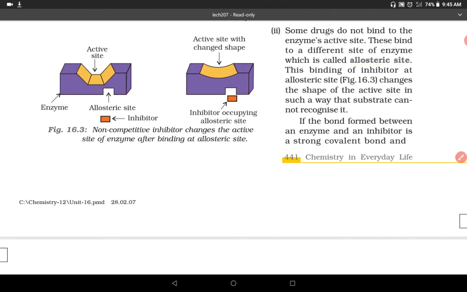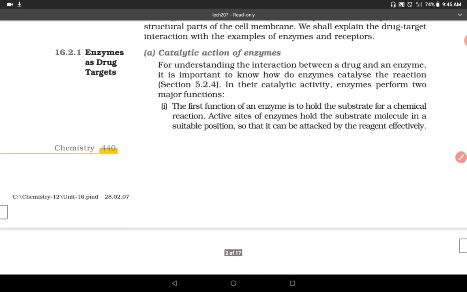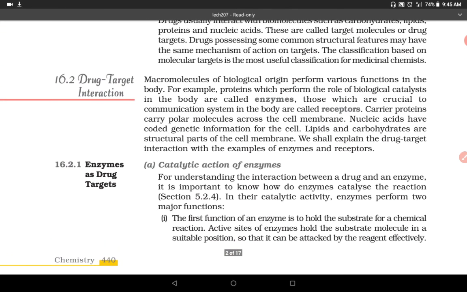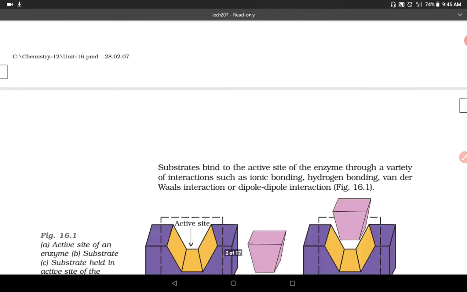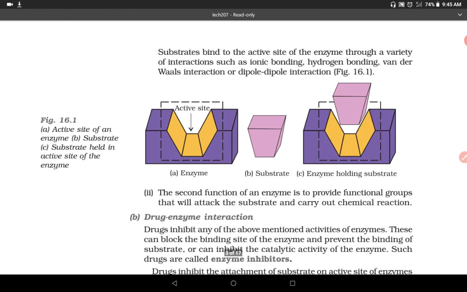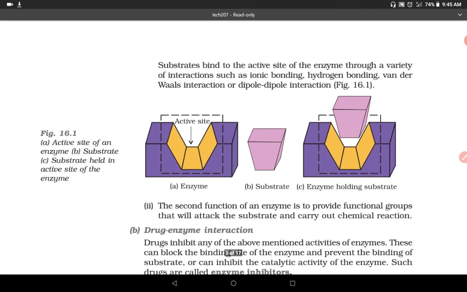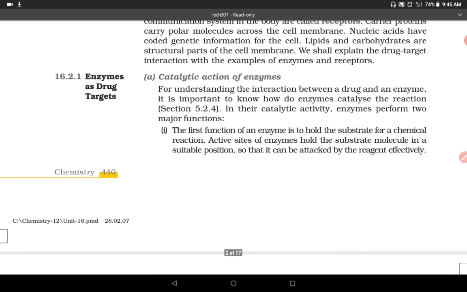Here is where the substrate will attach and carry out the chemical reaction, held by van der Waals forces. The active site of the enzyme holds the substrate molecule in a suitable position.